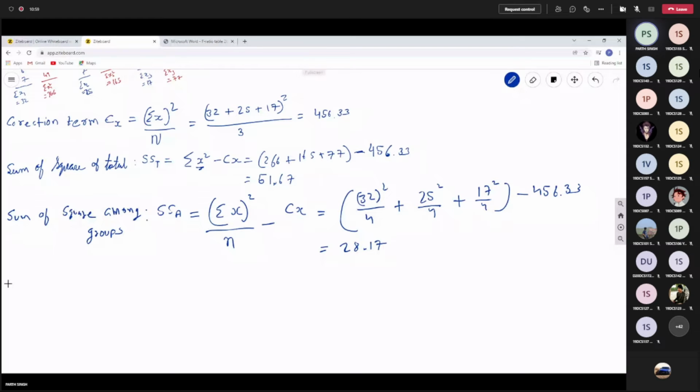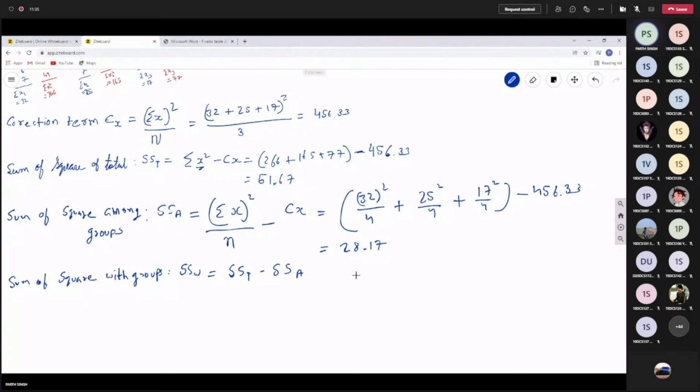After that, we are going to calculate the sum of squares within groups. The symbol is SSW, which is equal to SST minus SSA, that is, the sum of squares of total minus the sum of squares among groups, and that is what we get within groups.